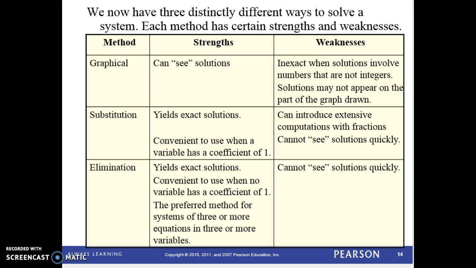In section 3, they give you a pros and cons table: what are the strengths and weaknesses of each method? This might be a great place to review. As you finish this chapter, you'll see applications of these methods. You're also going to be introduced to what happens if there are 3 variables instead of 2, and how we solve that type of system. That's covered in this chapter as well.